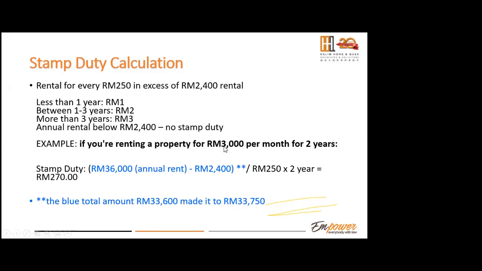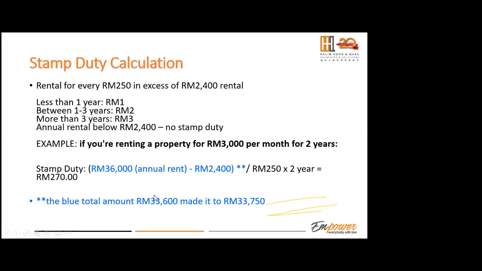So 12 bulan times 3,000, 36K minus the free 2,400, then divide by 250. Then you times 2 years lah. You need to see here berapa tahun your term. Less than 1, then you times 1. Then between 1 and 3, then you times 2 lah. So the total will be 270 ringgit.